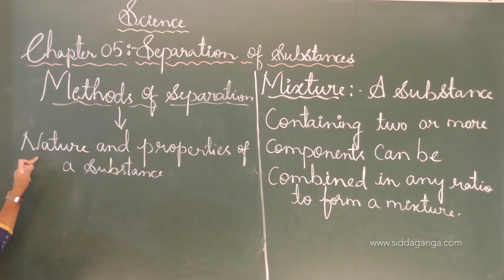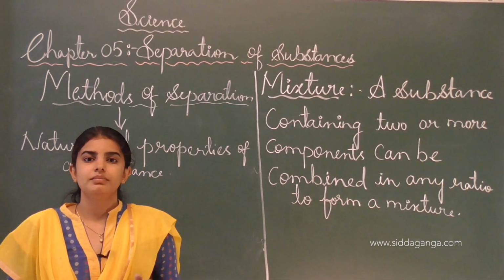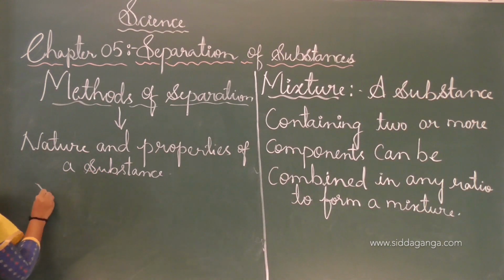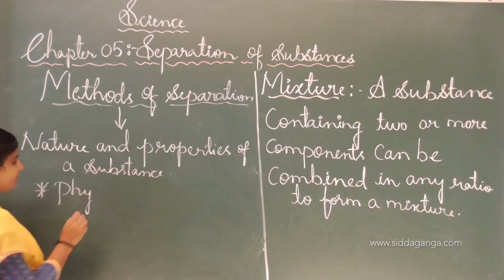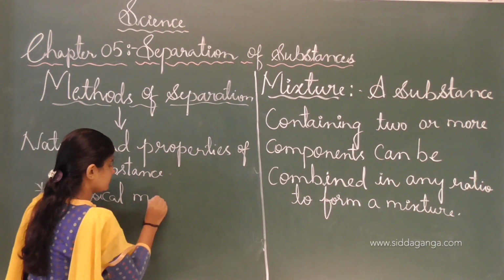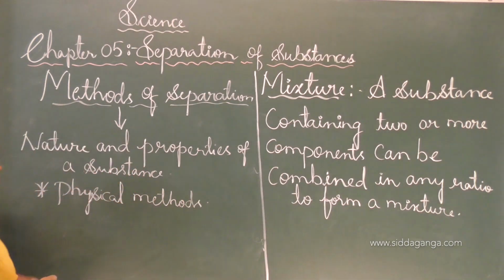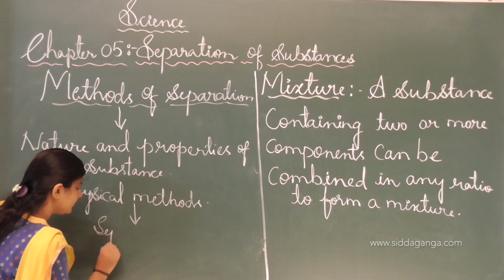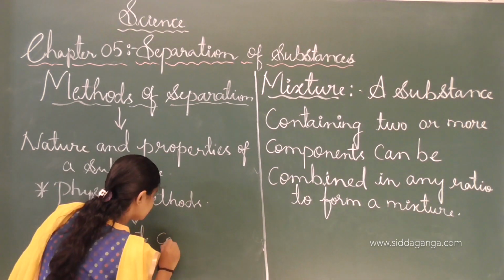If we know the nature and the properties of a substance, we can easily separate these components from a mixture. There are various types of physical methods to separate the components of a mixture.